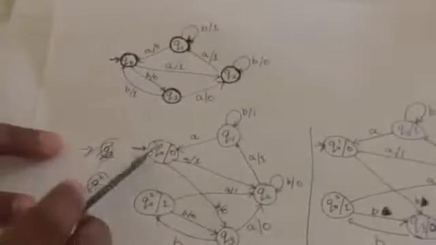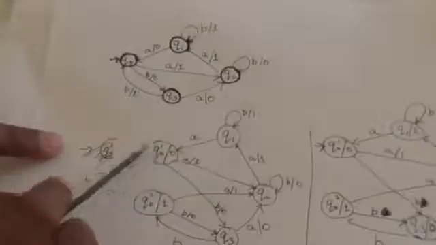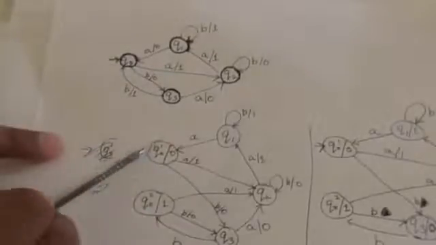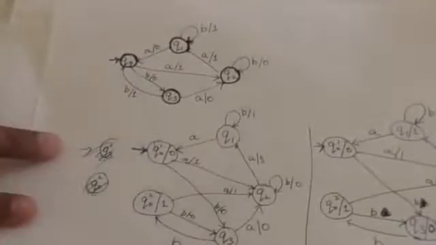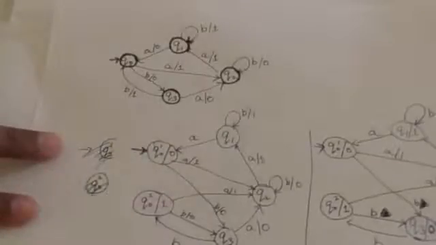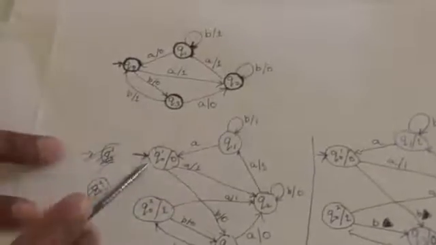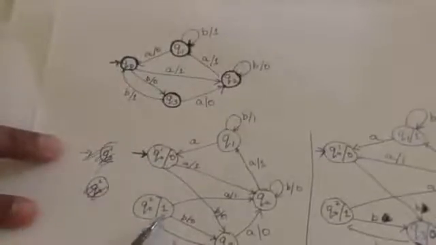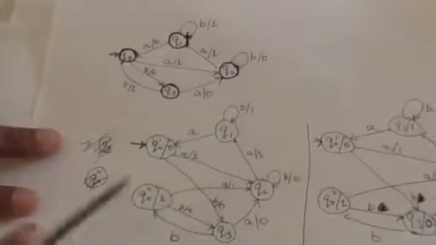So when we convert it into Moore machine, we will make two versions of this state. Here I have made two versions of this state and select any one of them as the initial state of Moore machine. One is associated with output symbol 0 and other is associated with output symbol 1, right?